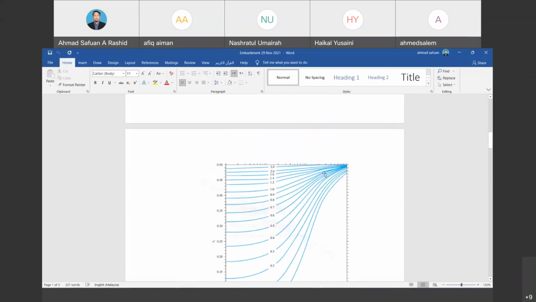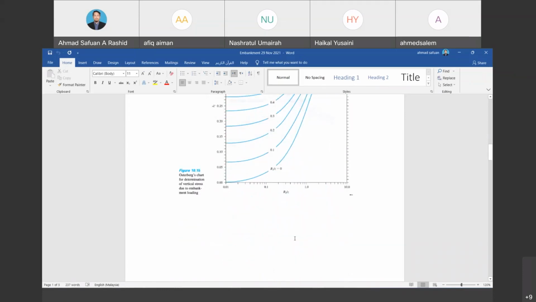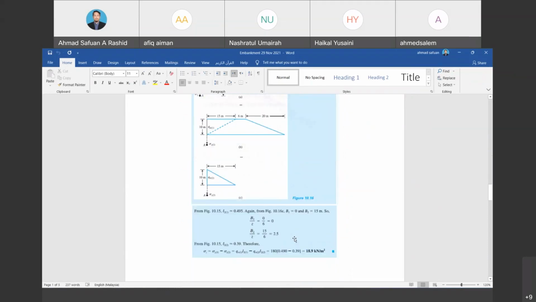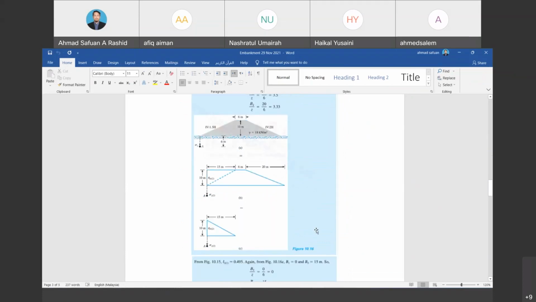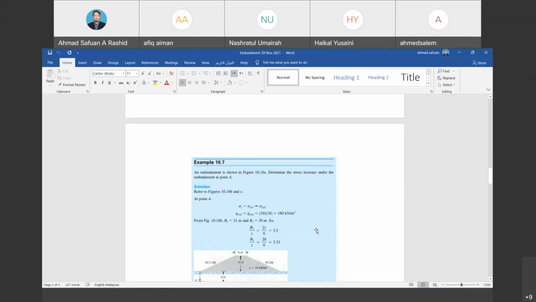Or we can use this one, 1, 2, 3, 3.33 something here. So approximately it is equal to 0.50. The answer shows 0.495, or we can use 0.5. So that is for the 1016B.